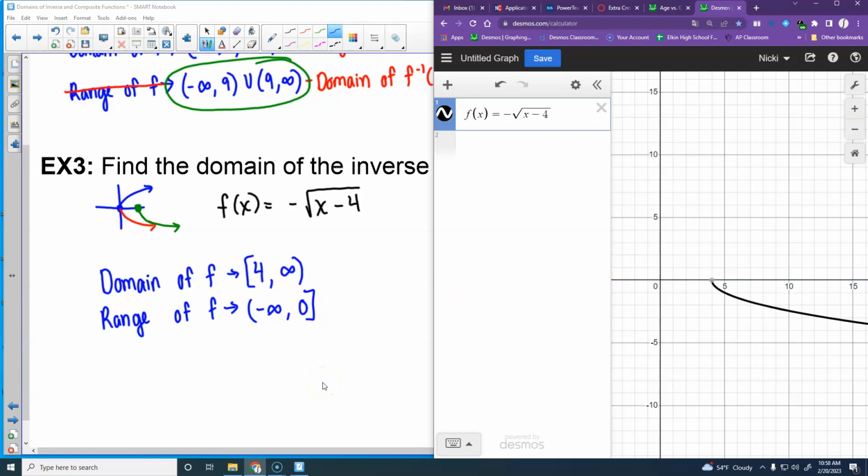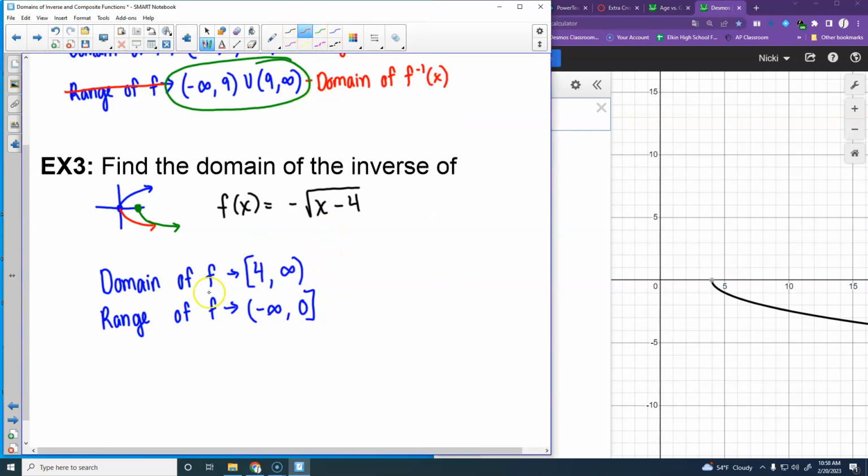So I don't even have to find the inverse. I'm just going to say the domain of this is now the range of f inverse. And really, did I even have to do that to answer this question?